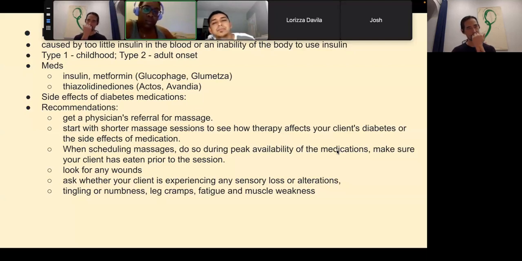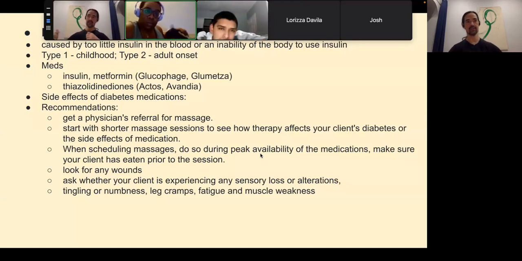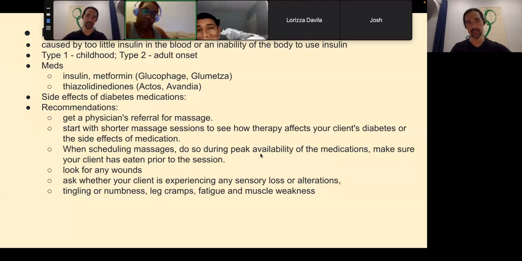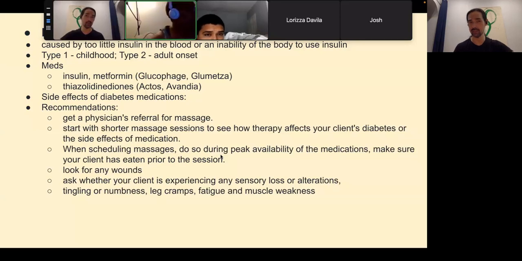That means make sure your client has the medication available, that it's not at the end of their course of insulin before they have to renew. Make sure they have their medications with them, and that it's around the time they would take their medication, because that'll help mitigate any symptoms that might happen. For diabetes, that's things that look like hypoglycemia or hypoglycemic shock.